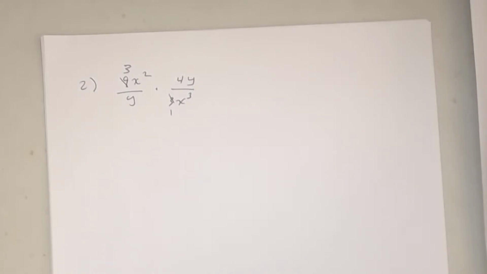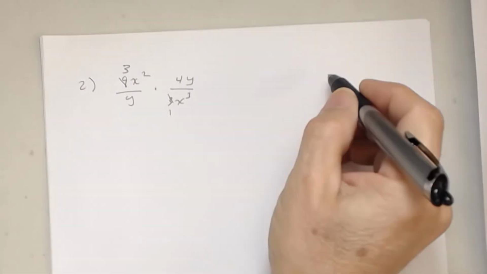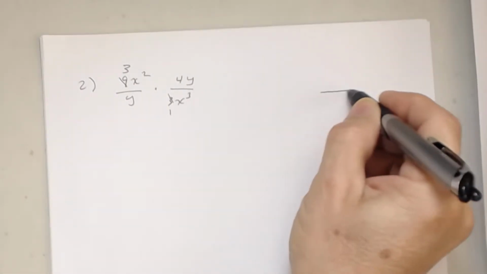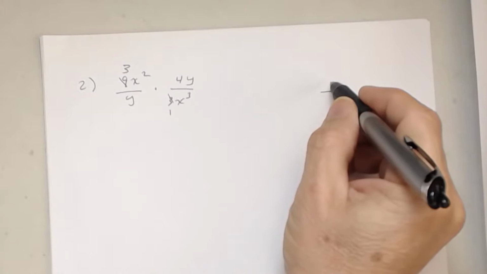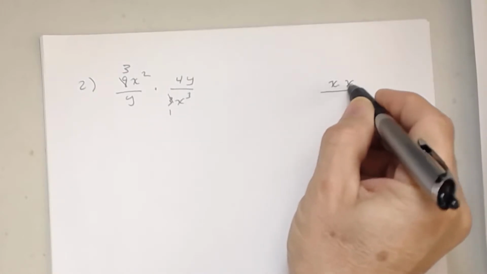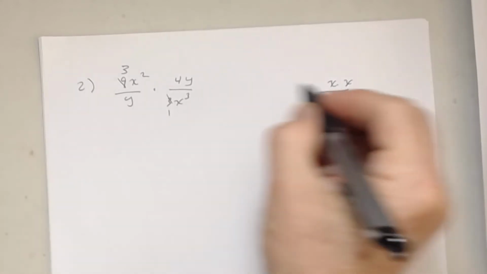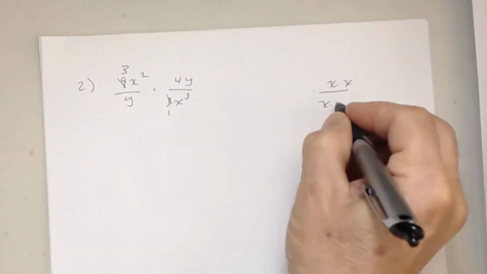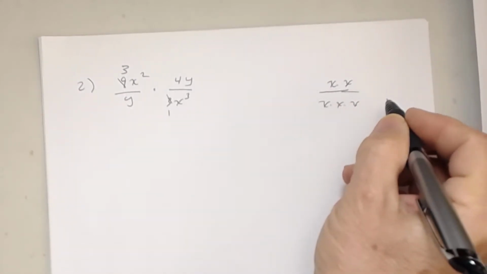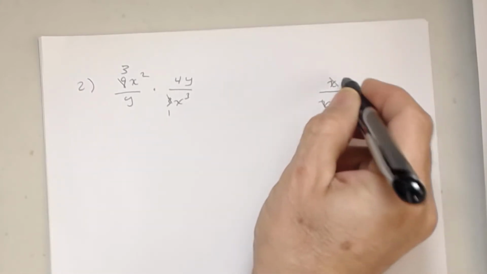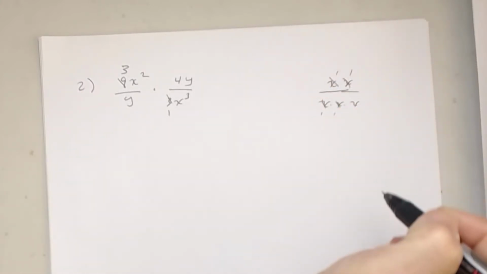All right, so I want you to think about this. In your mind, this is what you have. This is the best way to do this. x squared means x times x, right? The denominator, x cubed, means x times x times x. You agree? Yes. And then reduce, just like this.